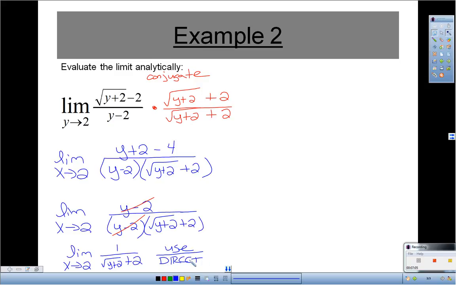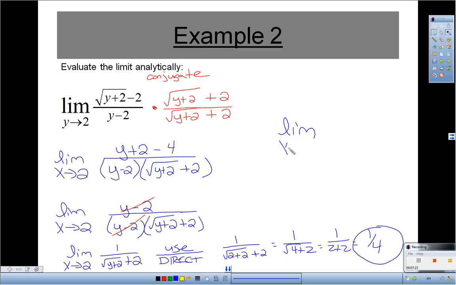I can plug in that 2, and I'm going to get 1 over the square root of 2 plus 2 plus 2. And so that's going to be 1 over the square root of 4 plus 2. So that's going to be 1 over 2 plus 2. So that would be 1/4. So the limit as x approaches 2 for this function is 1/4. And that would be the answer to that problem.